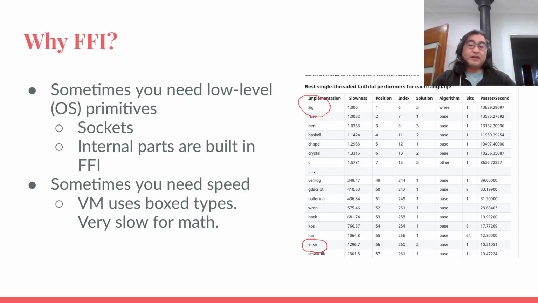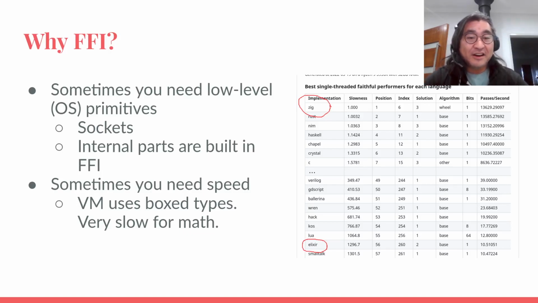Sometimes you need speed. The Erlang VM uses box types, and unfortunately, box types are very slow for math. On the right-hand side here, I have the stats report from the infamous Dave's Garage performance drag race, where you had to try and write the fastest sieve of Eratosthenes algorithm.